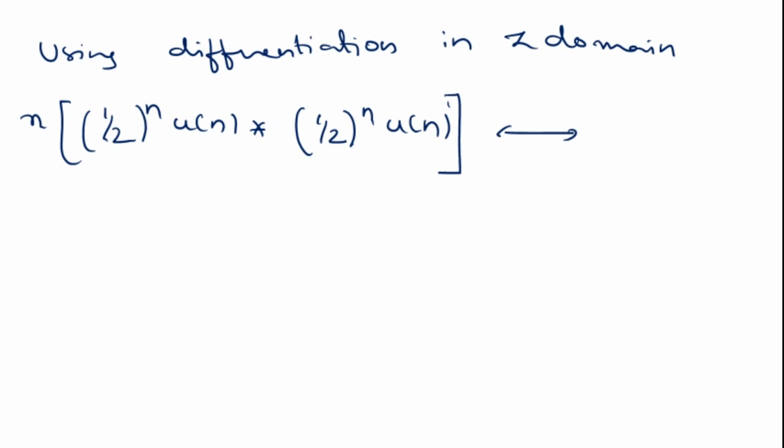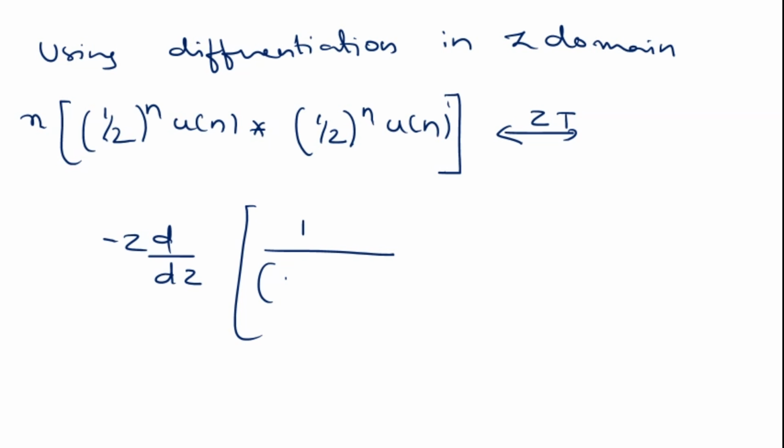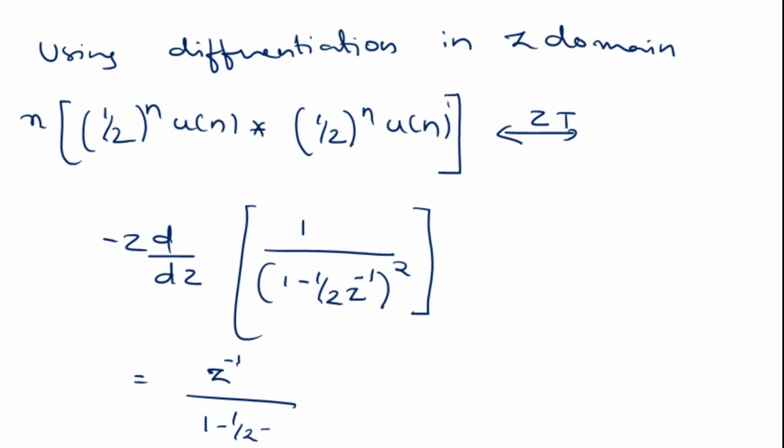If we take z transform, minus z into d by dz of 1 divided by 1 minus half z inverse square, which is equal to z inverse divided by 1 minus half z inverse cube, with mod z is greater than half.